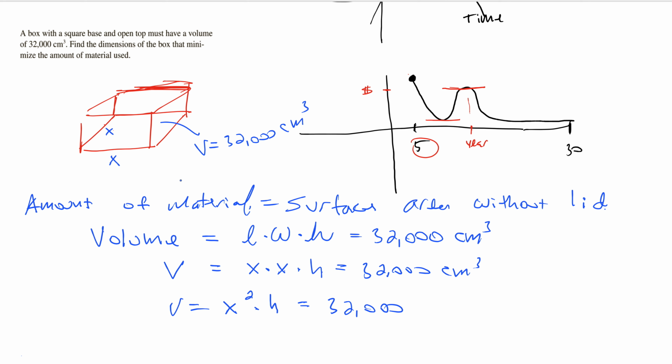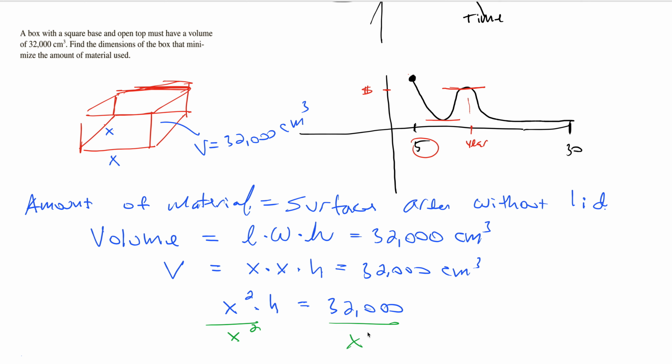So I can go ahead and get rid of my V right here because it's equal to 32,000. And if I wanted to, I could actually solve for H. Right, so I could divide both sides by H squared. I'm sorry, by H. Just kidding. I could divide by X squared.